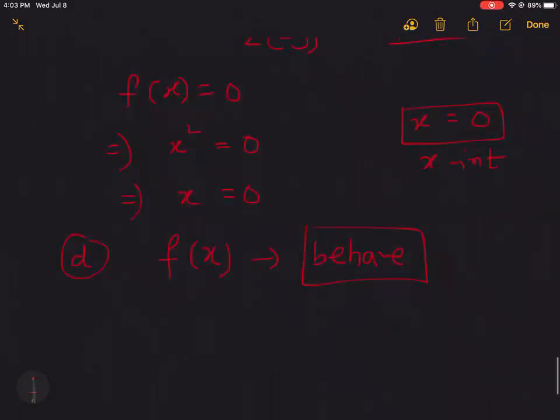So the question is, will it cross the x-axis, or will it touch the x-axis? This could be another question.